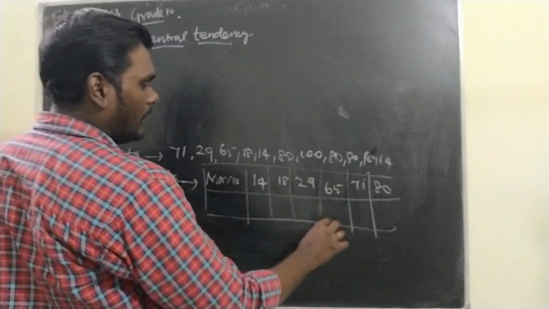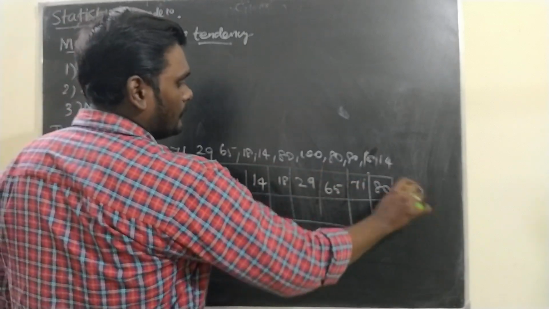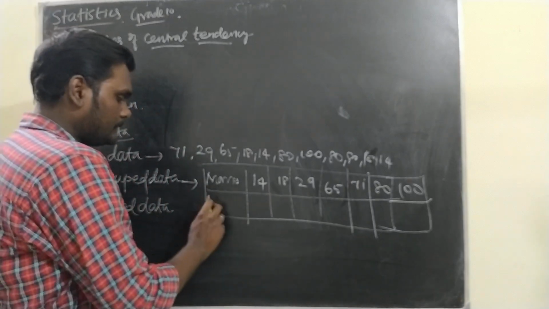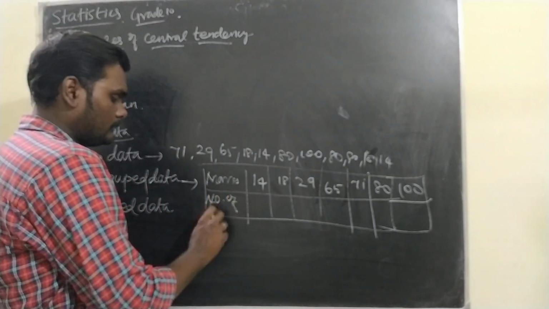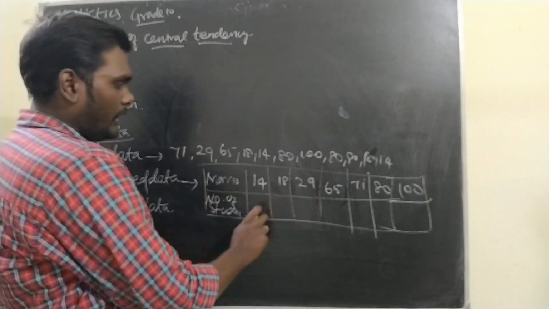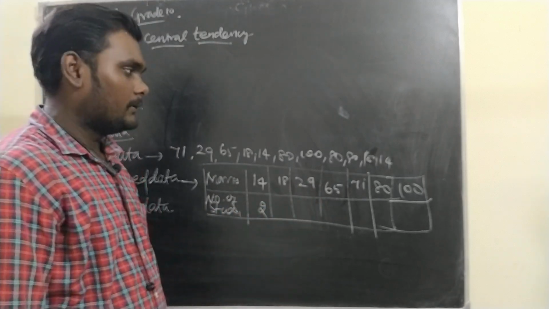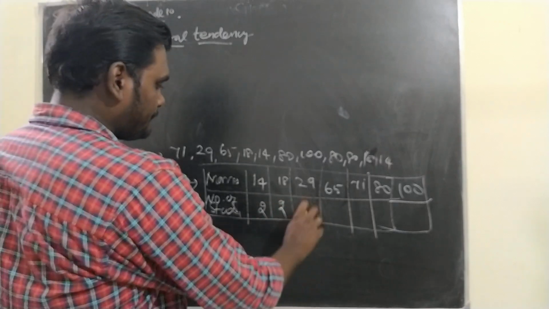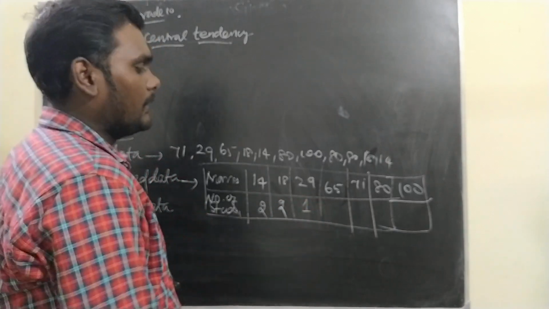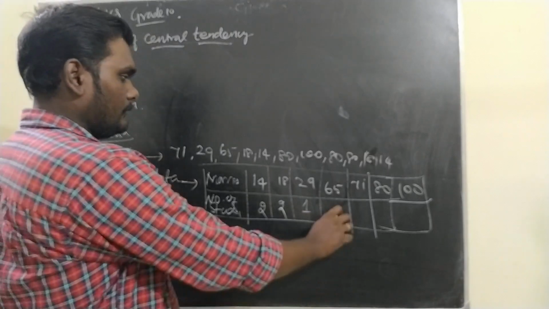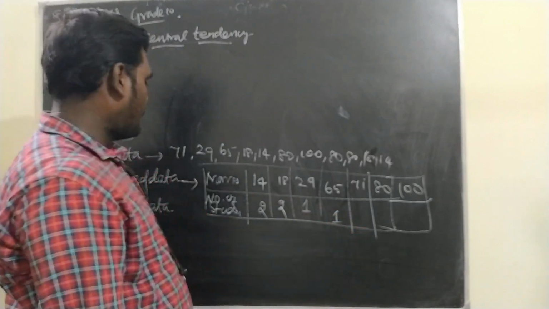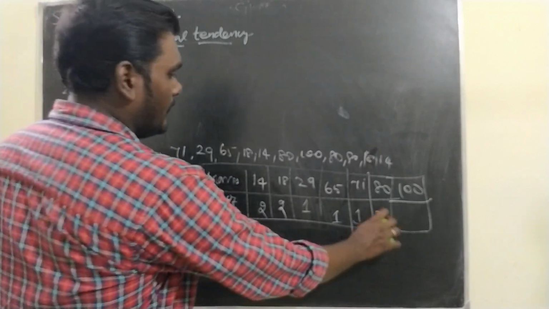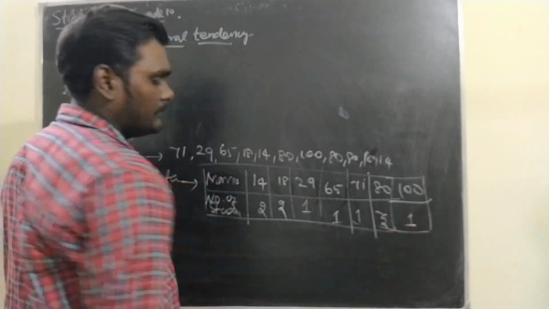How many persons got 14 marks? 2 persons got 14 marks. 18 marks, 2 persons got. 29, 1 person got. 65, 1 person got. 71, 1 person got. 80, 3 persons got. 100, 1 person got.